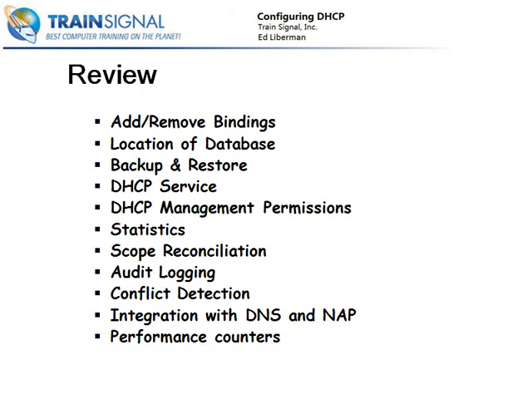Saw how to reconcile our scopes if we get inconsistencies between the registry and the database itself. Saw how to create audit logs. Talked about conflict detection, which is generally not necessary, but if so, we'll take a look at how to do it. And we saw that DHCP could be integrated with DNS and with NAP.